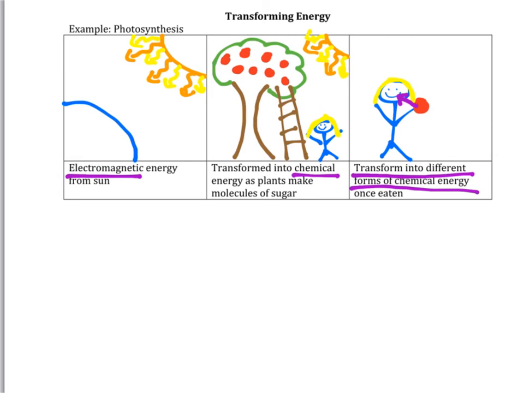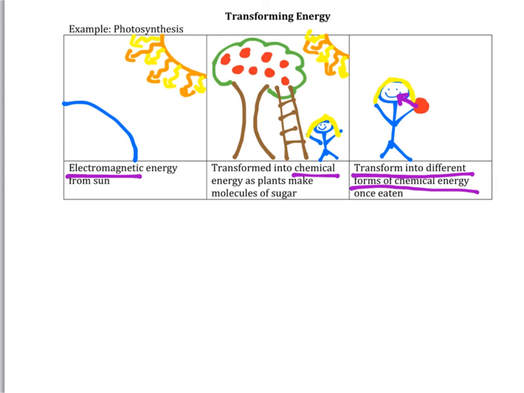So we begin. And in my picture, I drew the sun, and I drew these squiggly waves to represent the electromagnetic energy that travels from the sun to the earth. And underneath here, we know that it's electromagnetic energy from the sun.